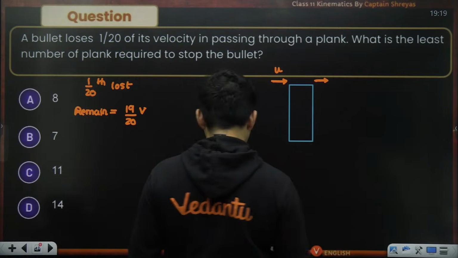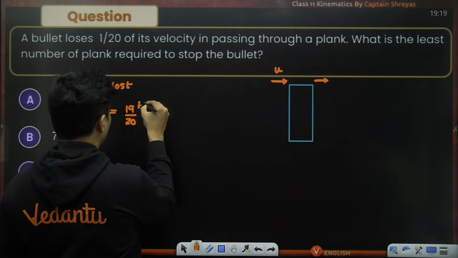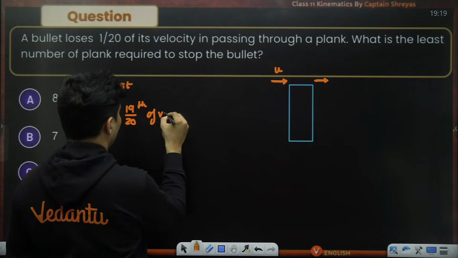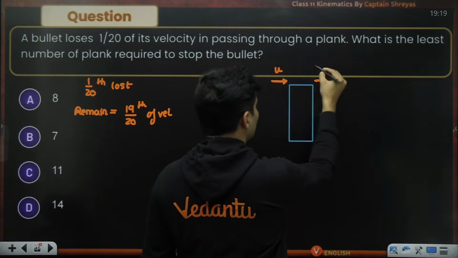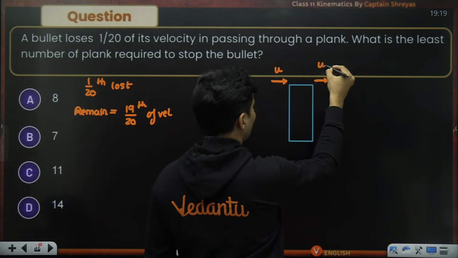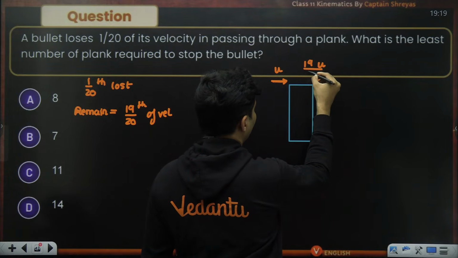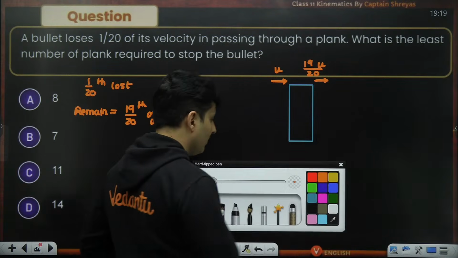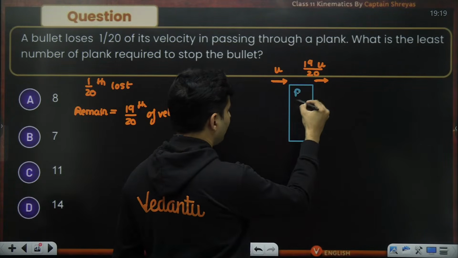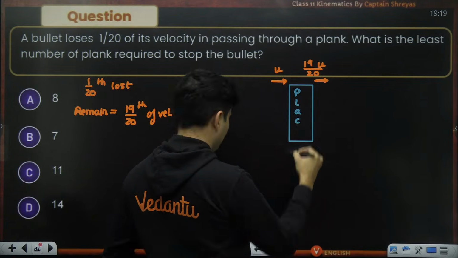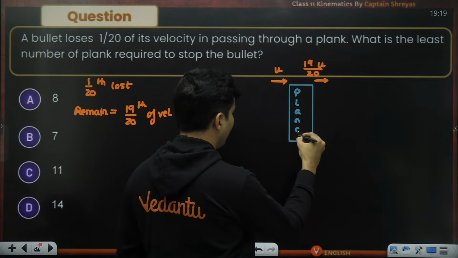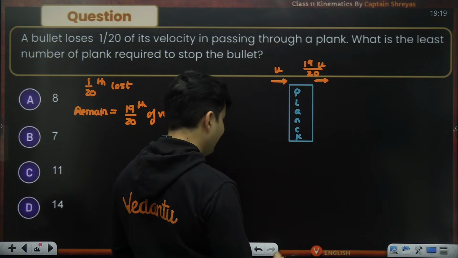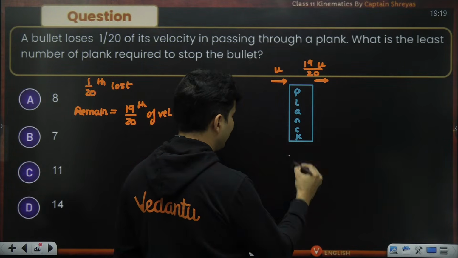So 19/20th of that velocity is remaining. If the initial speed was u, 19u/20 will be remaining. Now this is after one plank. Now just imagine we put 2 planks or 3 planks like this.